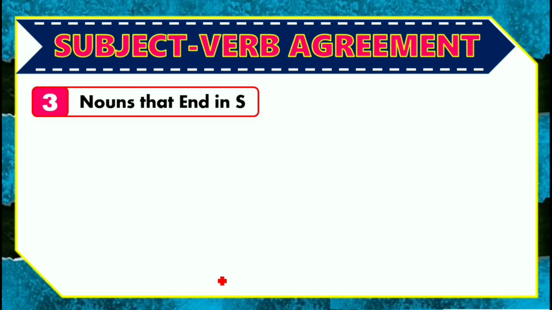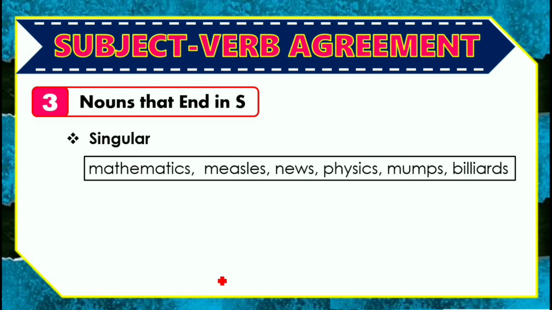Some nouns end in s, they are considered singular. These include words such as mathematics, measles, news, physics, mumps, and billiards. And since they are considered singular subjects, they need singular verbs.